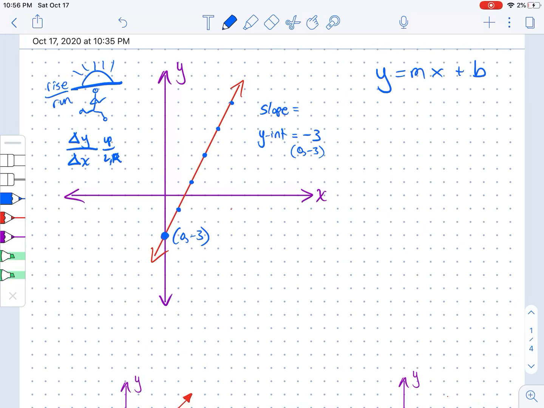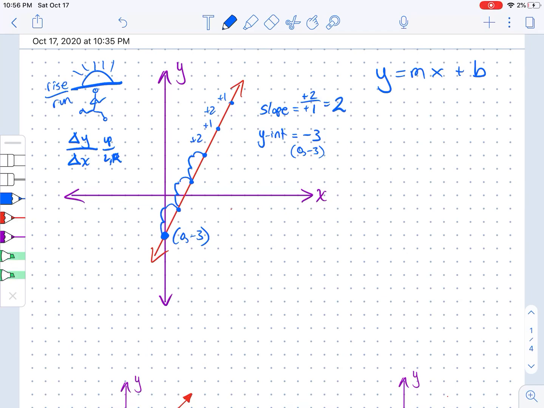So I'm going to start at one point, and I'm going to go up 2 and over 1, up 2 over 1, up 2 to the right 1. So my slope is going up 2 and to the right 1. So my slope is a 2 in this case.